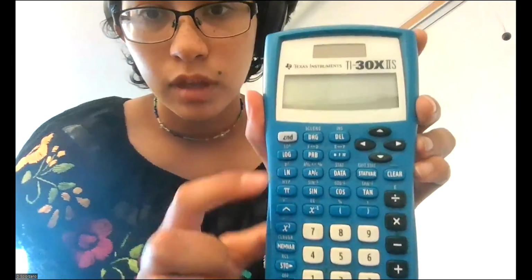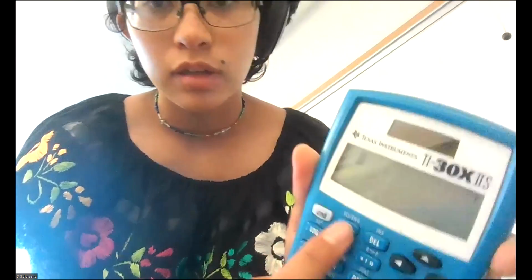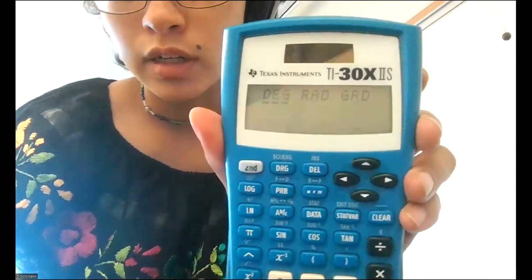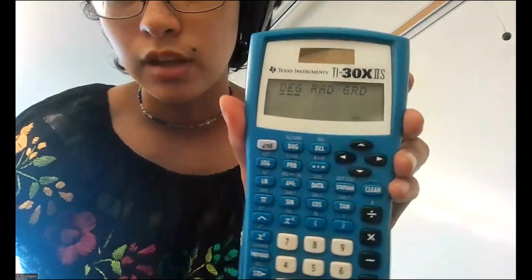Since you are in degrees, you want your calculator to be in degrees. Let me see if I can show you guys that on my screen. Okay, so I have my calculator here. I'm going to go into science, and this DRG, and then you check degrees or radians.